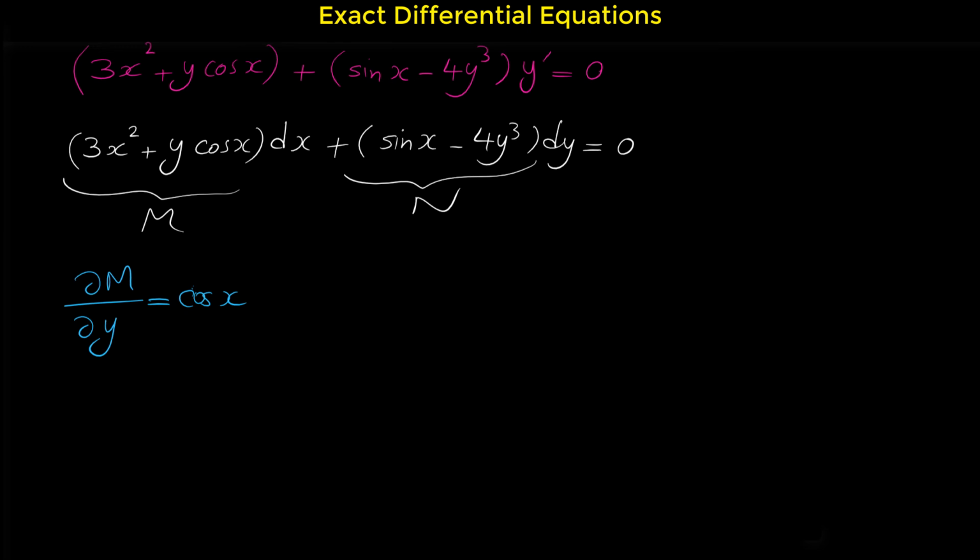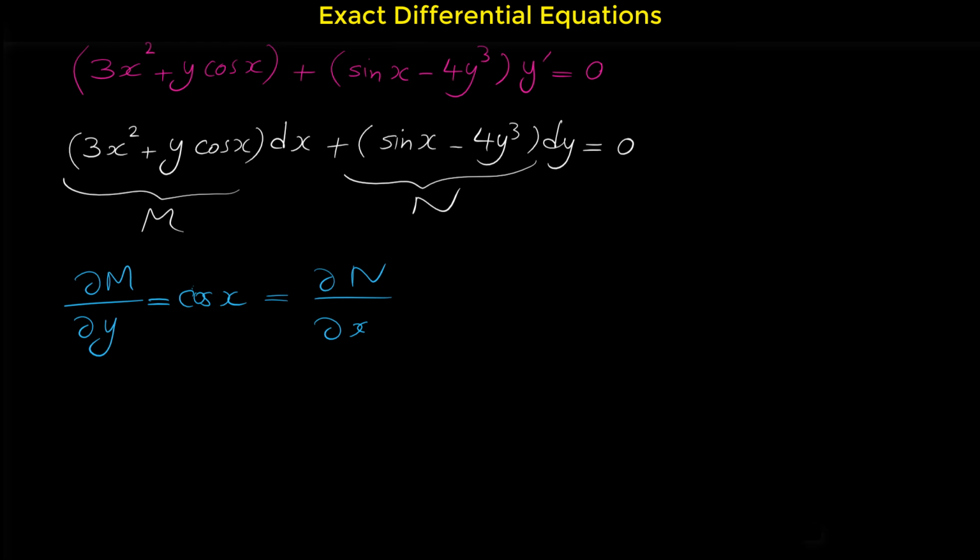And the partial derivative of N with respect to x is also cos x, because derivative of sin x with respect to x is cos x, and derivative of 4y^3 with respect to x is 0. So the partial derivative of N with respect to x is the same expression. And because the partial derivative of N with respect to x equals the partial derivative of M with respect to y, the given differential equation is an exact differential equation.